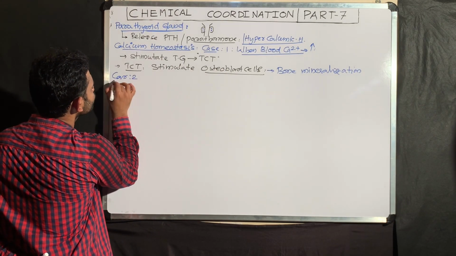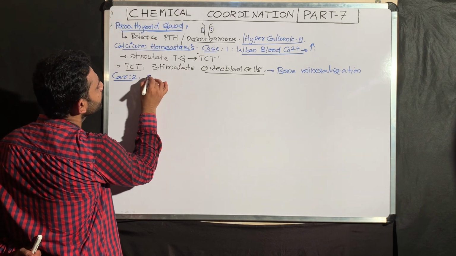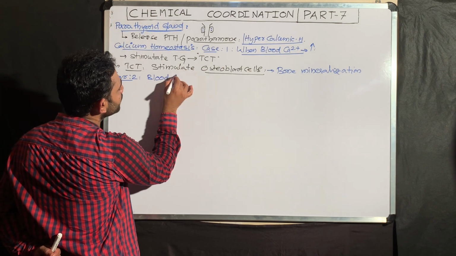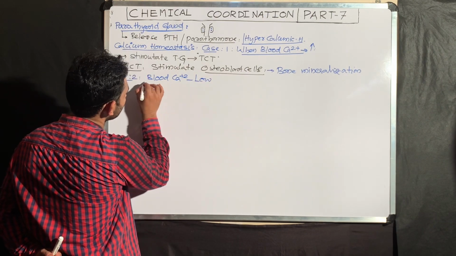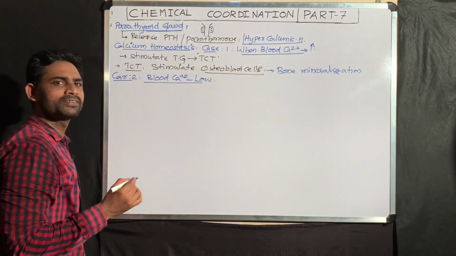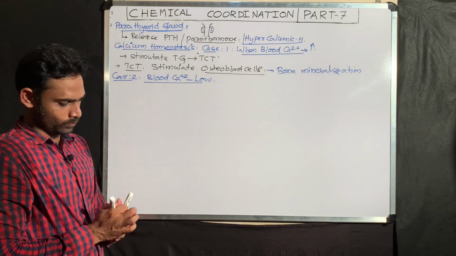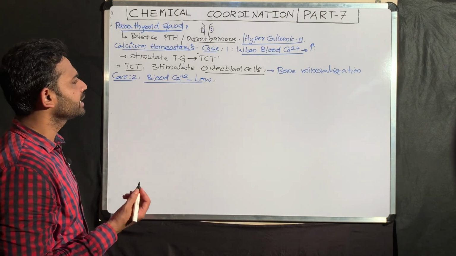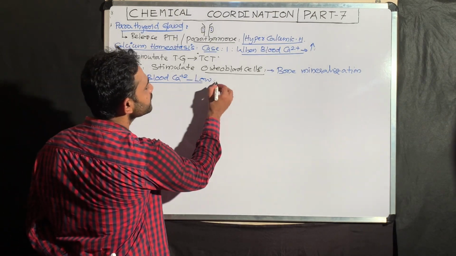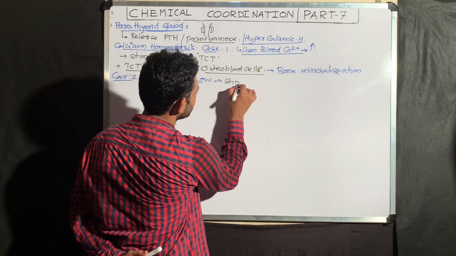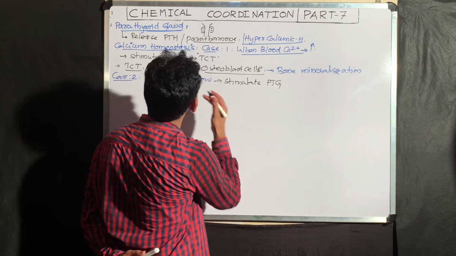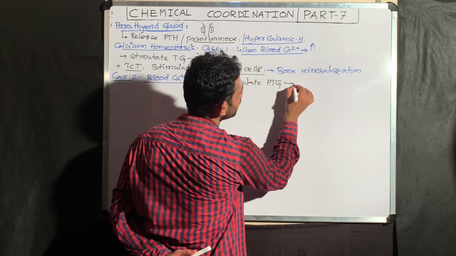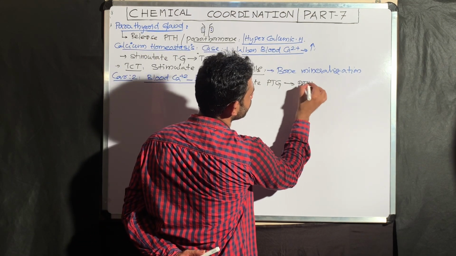Next, take case 2. Case 2 is when blood calcium level is low. If TCT were constantly present, the blood calcium level would definitely become low. When the blood calcium level becomes low, it stimulates the parathyroid gland to release parathyroid hormone.